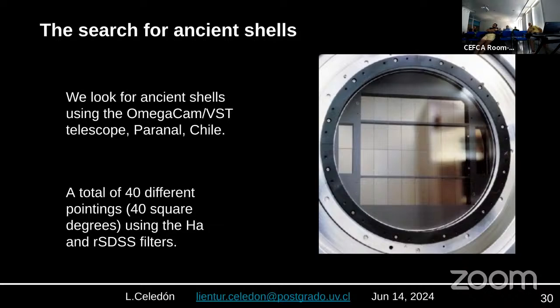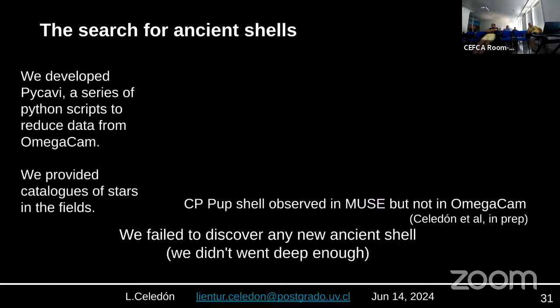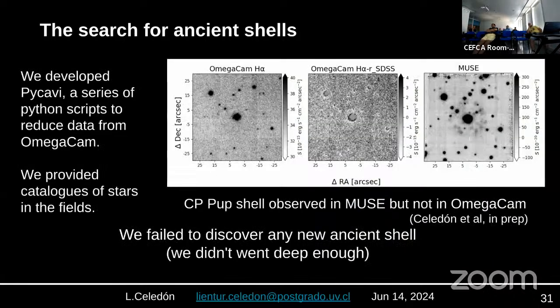This instrument is an imager that provides a field of view of 1 square degree. We started a project of 4 different pointings, each one for a system, for a cataclysmic variable that we suspect could have erupted in the past. In the end, we have a 40 square degree observation using the H-alpha and r-SDSS filters to take the images.